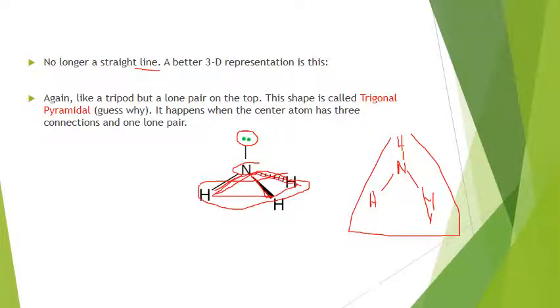So we call it trigonal pyramidal. One way to tell if you have a trigonal pyramidal is if the center atom has 3 connections and a lone pair, then it will be trigonal pyramidal.